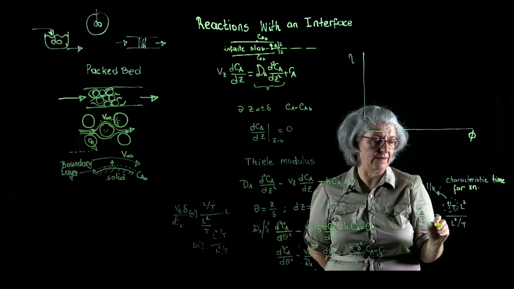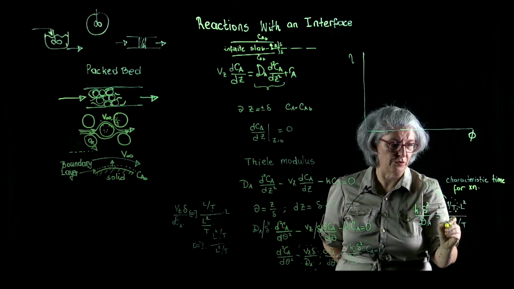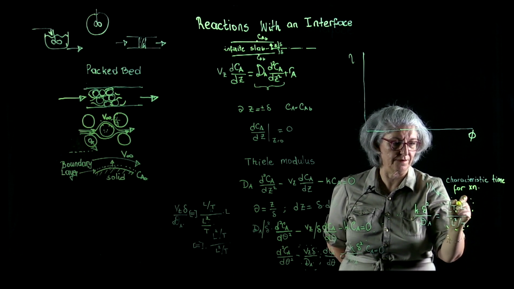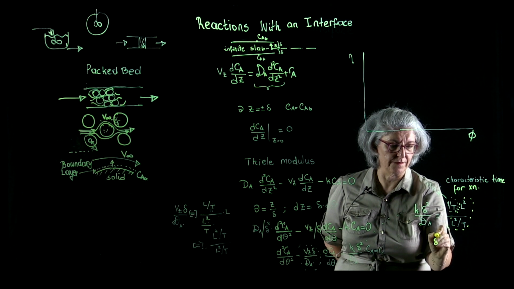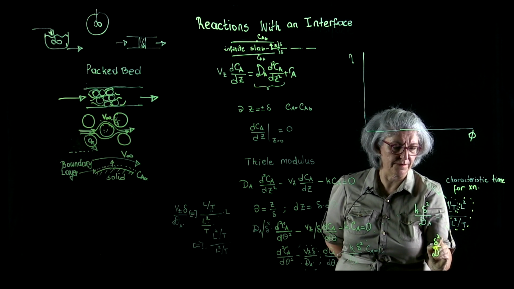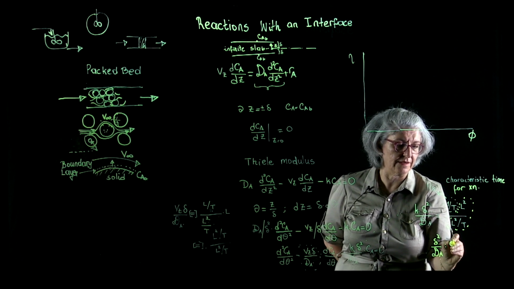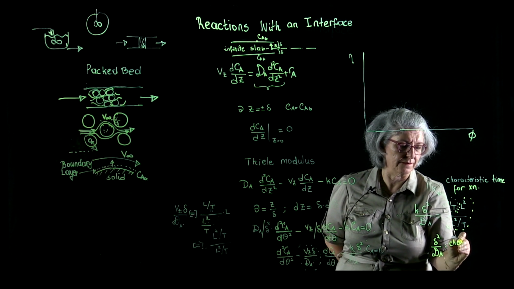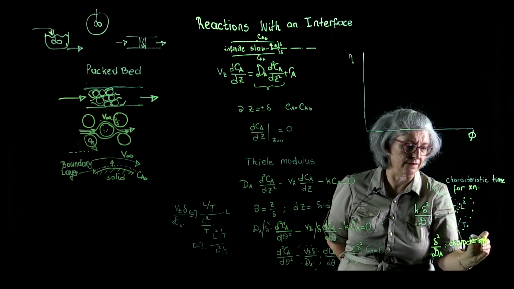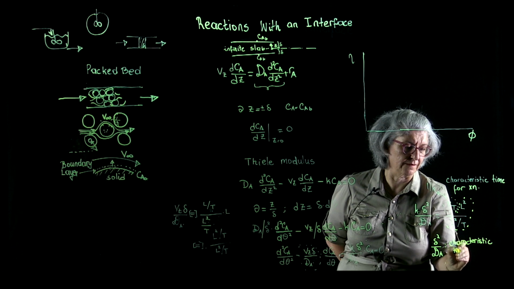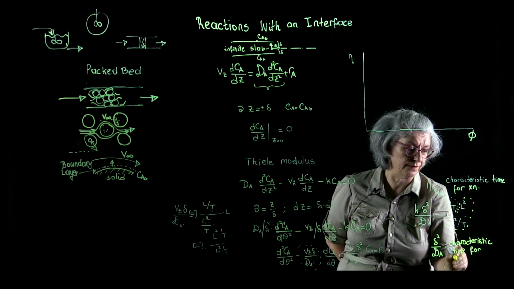There is another group here. I'm going to take this, delta square over D_A. And this is characteristic time for diffusion.